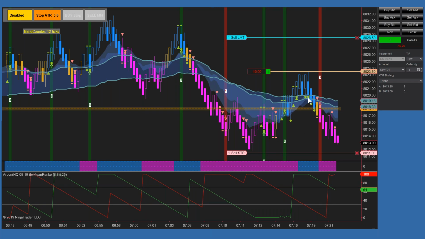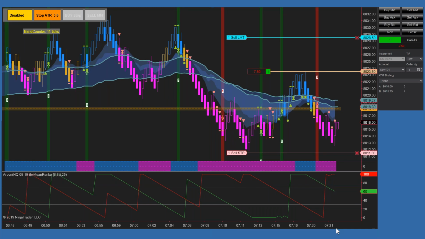Well, I guess that teaches me to wait for the signal to actually develop before I get on board. Where I entered, we just had the warning dots.